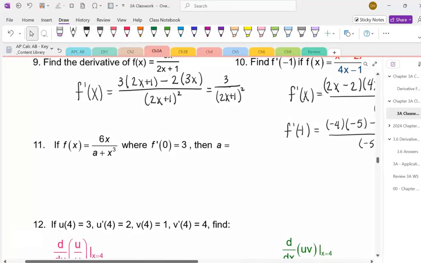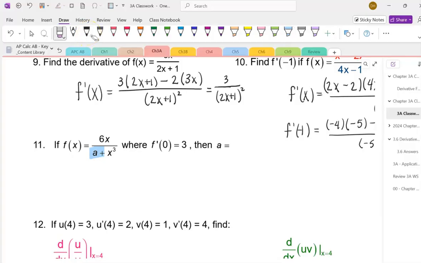Question number 11. That's another great question. So we've got f of x equals 6x divided by a plus x cubed. Every single time that you have a constant called a, b, c, if you've got a letter right there, a, b, c, it's really talking about a number. So what they want you to do is wherever f prime of 0 equals 3, they want you to find a.